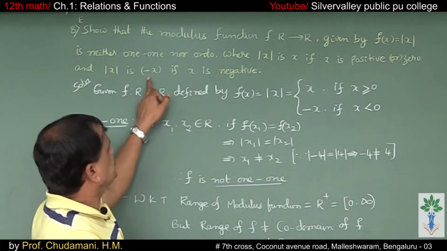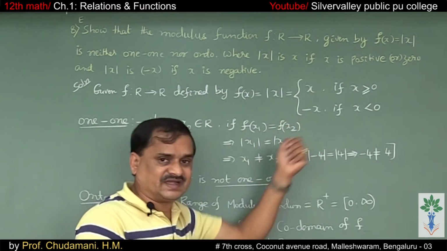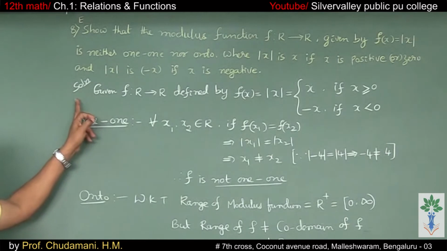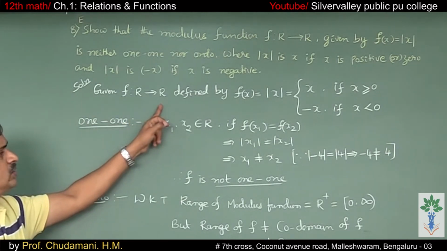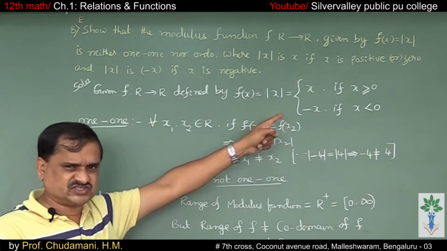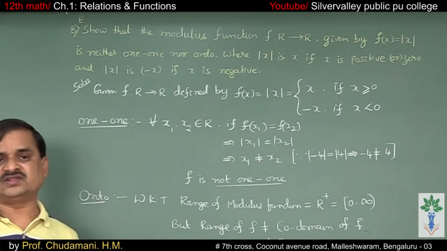And mod x is minus x if x is negative, less than 0. Right? See, solution. Given f from R to R, where f of x is mod x, defined as plus x if x is greater than or equal to 0, minus x if x is less than 0.